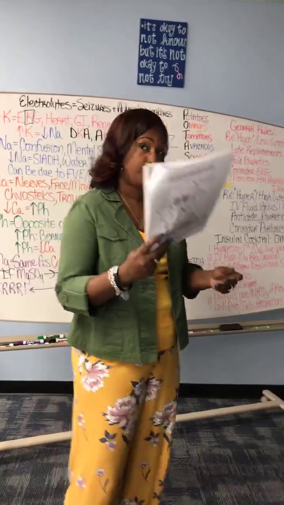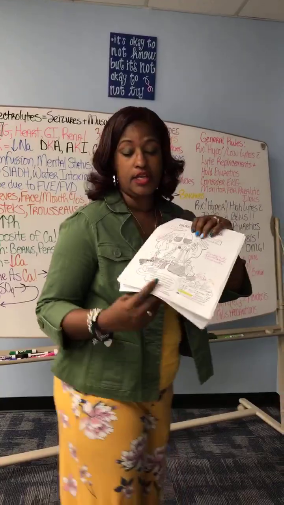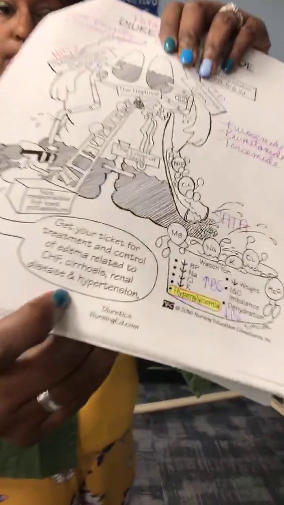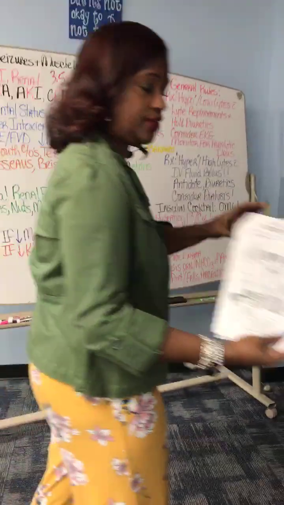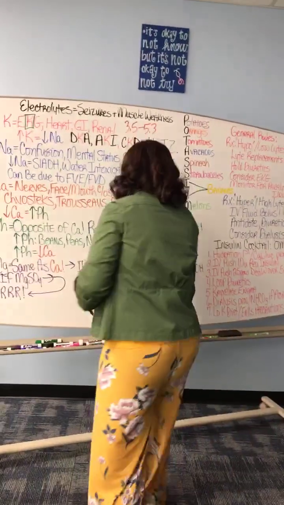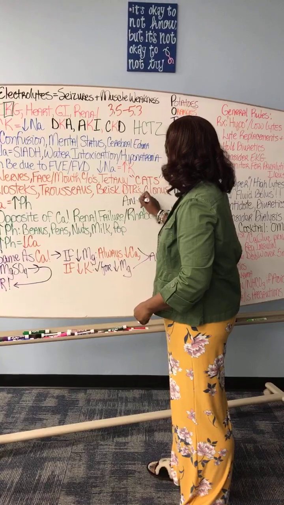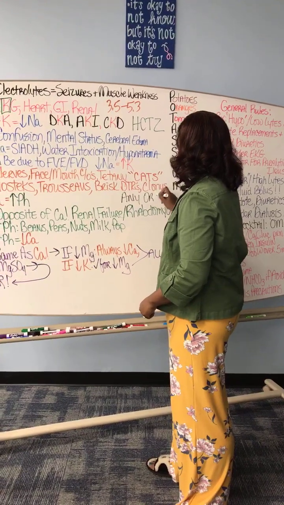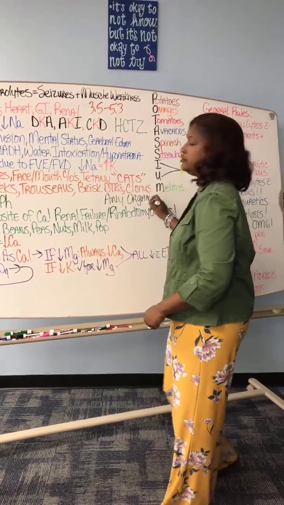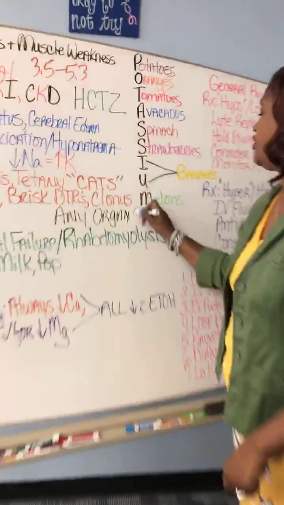Now, my favorite part of this handout is the little circle at the bottom. I want you to think of it like this. Any organ failure, any organ failure.